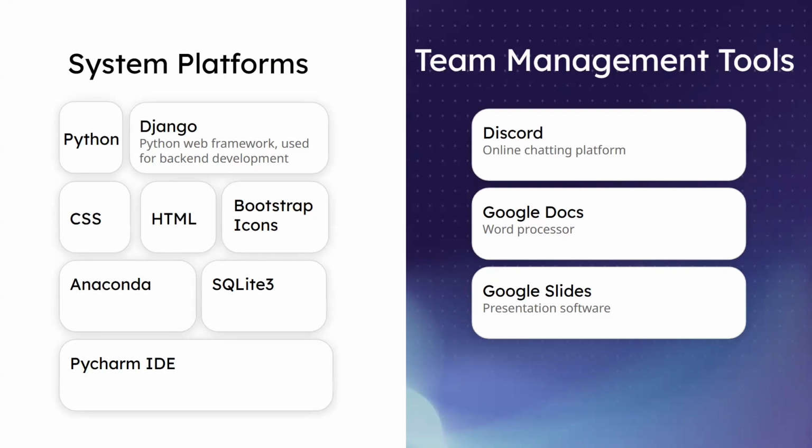We also utilize SQLite as our database to store all of the application data. For development, we use PyCharm, and for team collaboration, we use tools like Discord, Google Slides, and Google Docs. Pretty much in combination with these tools, they helped our team build, design, and collaborate on the project efficiently.